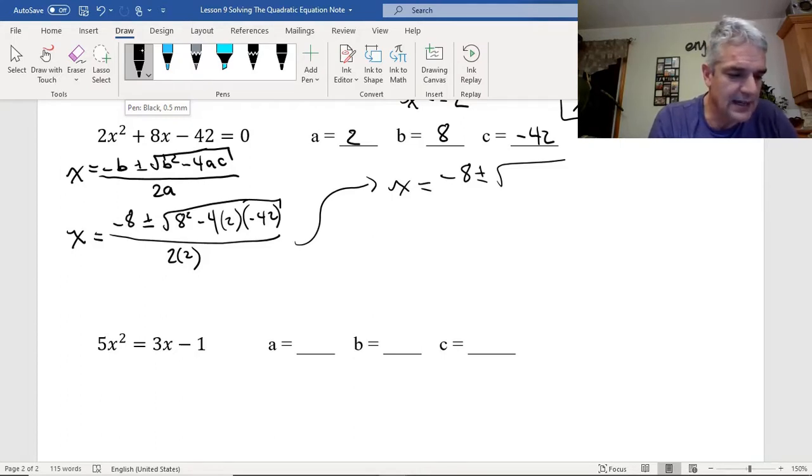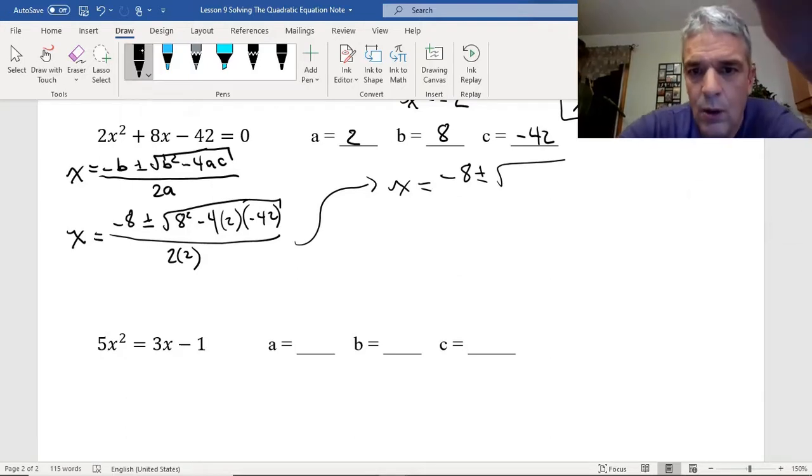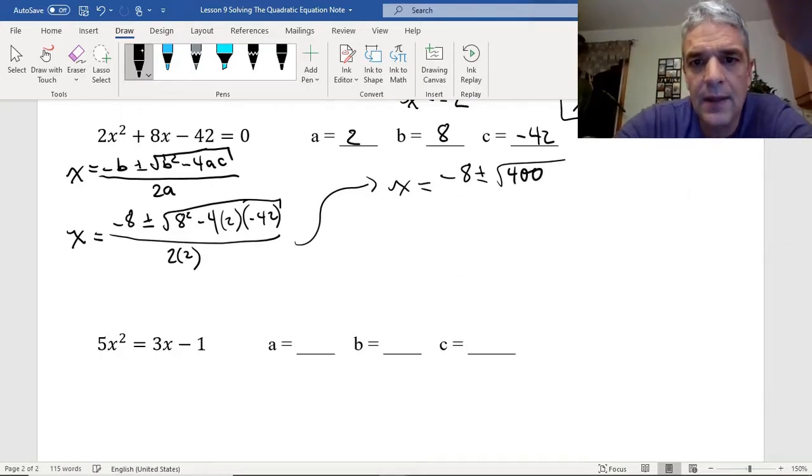For me, I can see 42 times 2 times 4 is going to be positive because I have the 2 negatives, and 42 times 2 times 4 equals 336 plus another 64 equals 400, and that is a perfect square as well. And then underneath this is going to be 4.